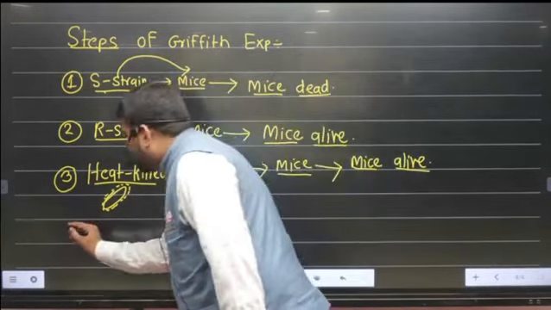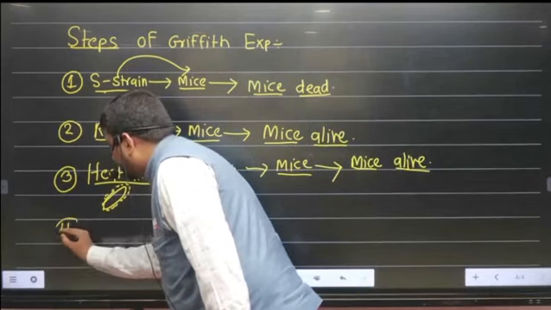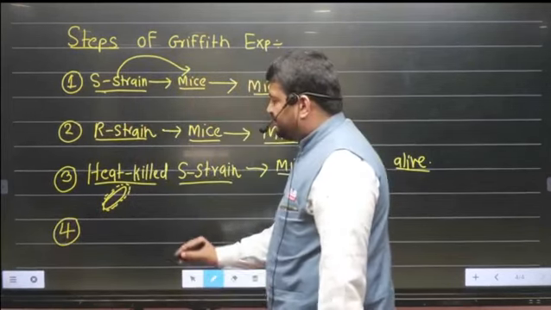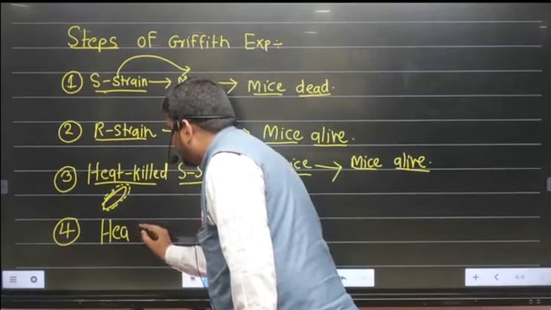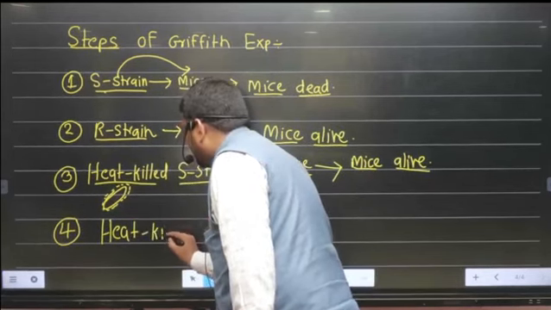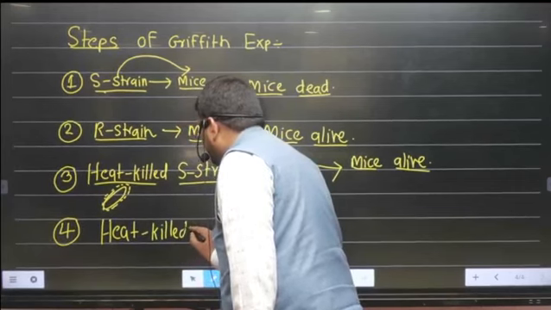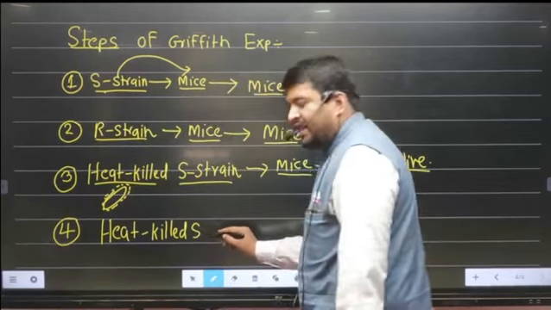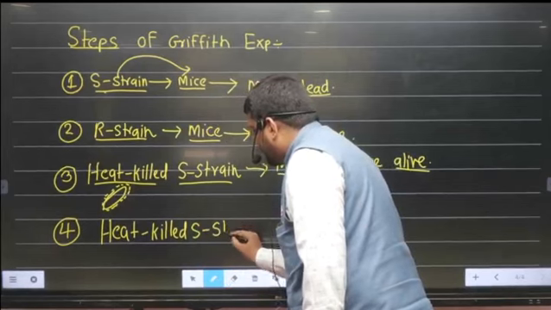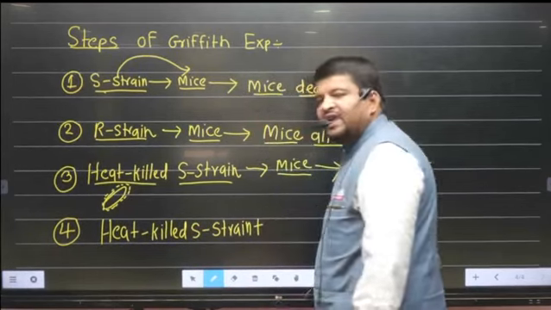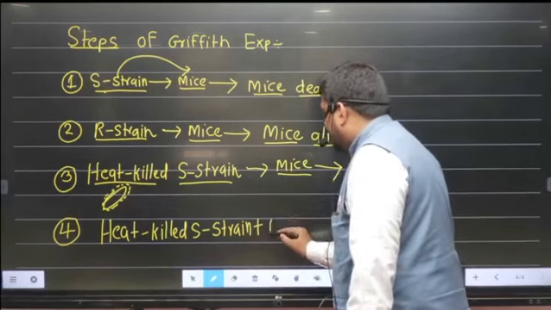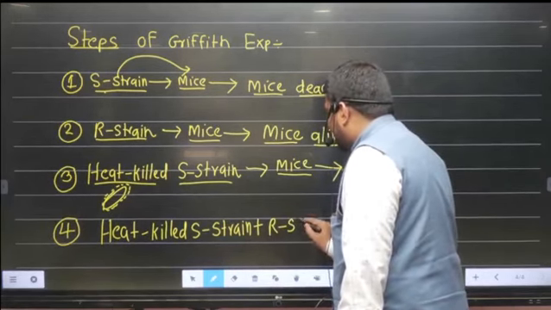Now in the fourth step, Griffith took the mixture of the heat killed S strain as well as the R strain.